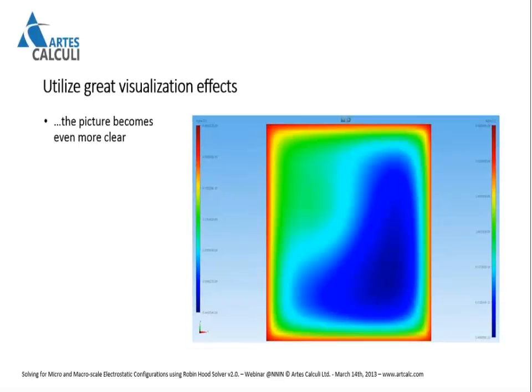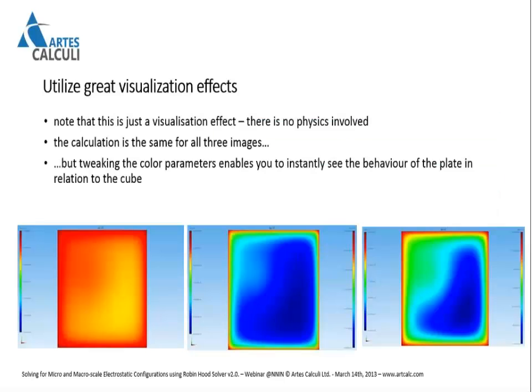And if you tweak settings even more, the picture becomes even clearer. These are now those three images side by side, and please note that this is just a visualization effect. There is no physics involved, so to say. The basic calculation is the same for all three images, but by just tweaking the color parameters, you have changed the visual representation of the plate. And this enables you to instantly see the behavior of the plate in relation to the cube.